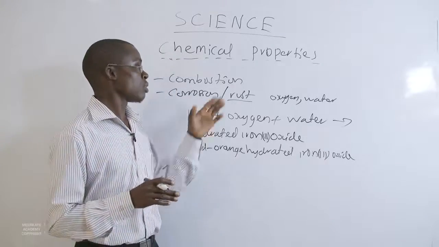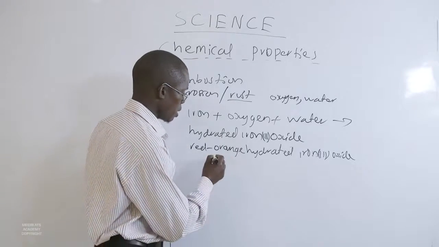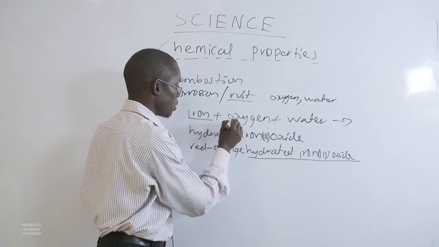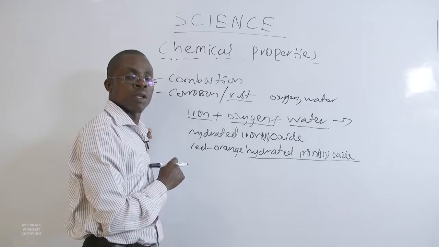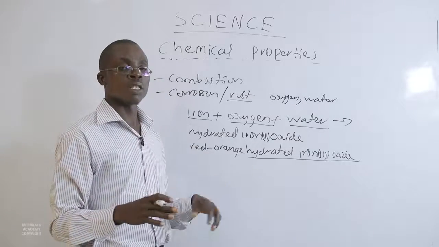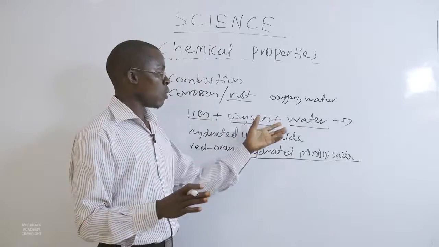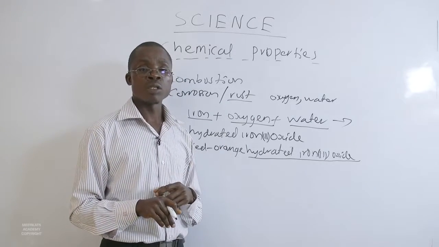But now, let's look at it in terms of chemical properties. Look at this and relate it to this separately. Are they the same? Obviously not. Iron is singled out as iron, oxygen on its own, water on its own, but here all the three have been combined together.